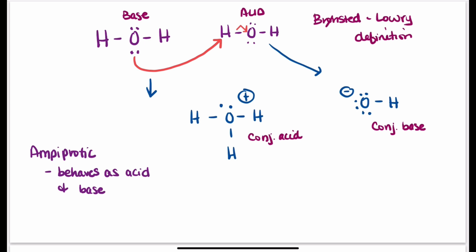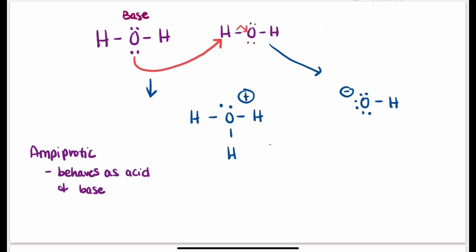So I'm following Bronsted-Lowry. I'm also following the Lewis definition. Lewis looks at electrons. An acid is an electron pair acceptor. This accepted the electron pair when the proton was lost.